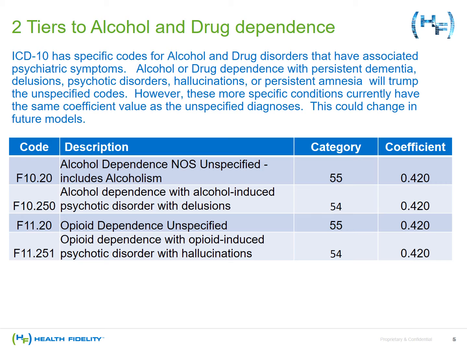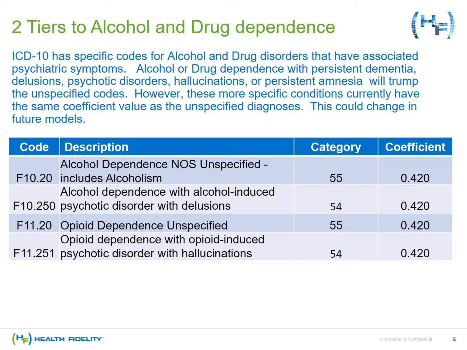If you have a substance use disorder that has any of those symptoms, they will trump any substance abuse disorder that is unspecified or a simple dependence. Currently, though, these categories have the same coefficient weight, so there isn't a significant change to the risk score if you pick one category or the other.